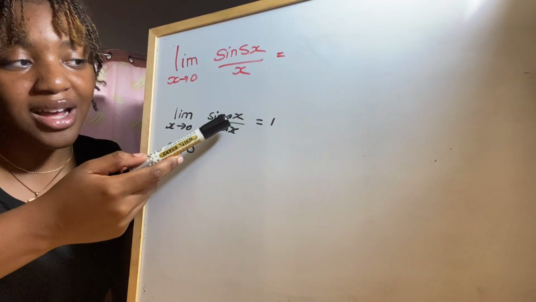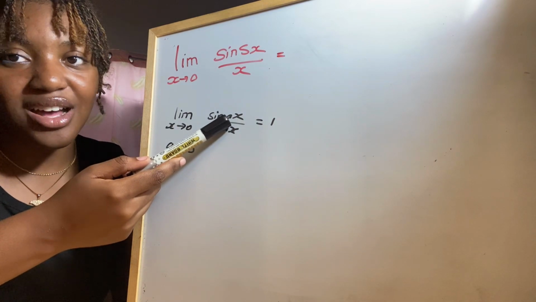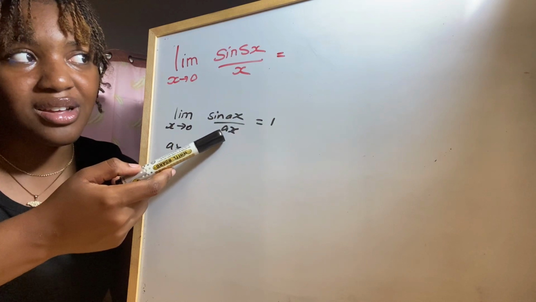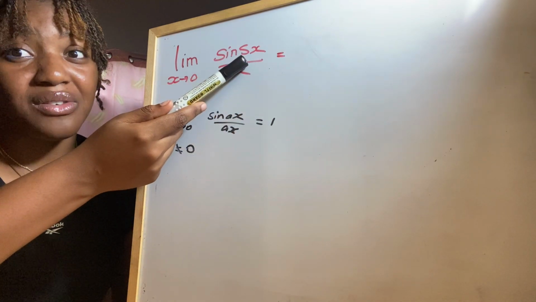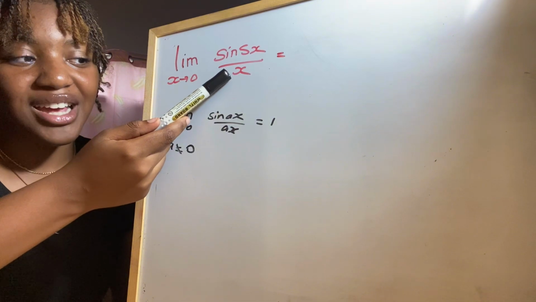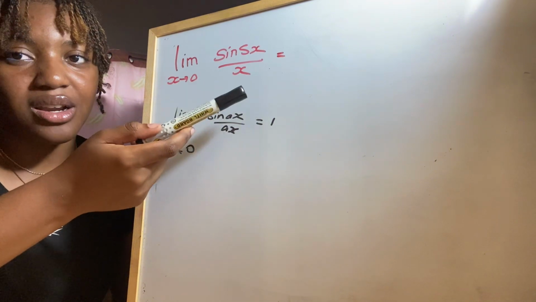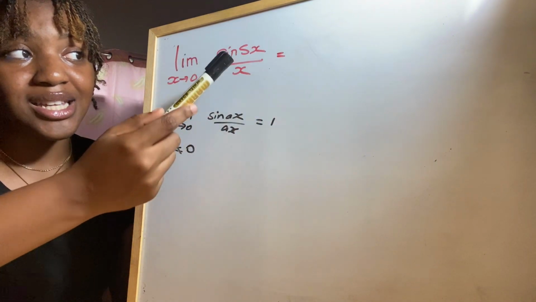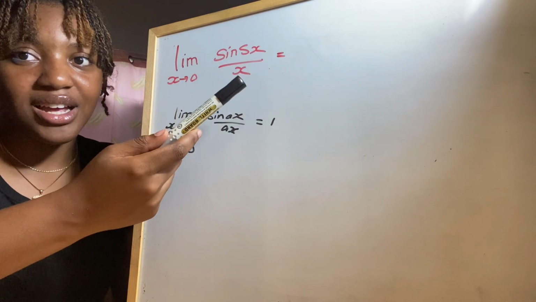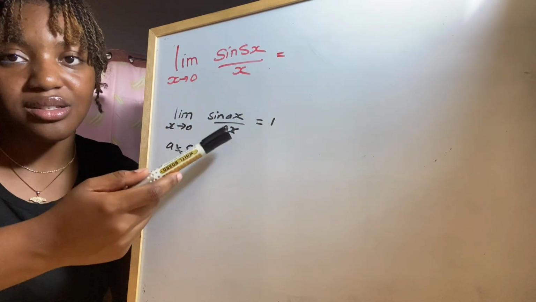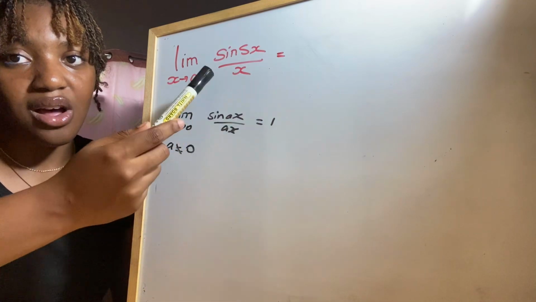However, we'll have to recall that the a in the numerator has to be the same a in the denominator. Here we have 5 in the sine, however in front of the x we basically have 1. So we'd have to get the sine 5x over x into a similar form as this, so we can use this case to solve it.